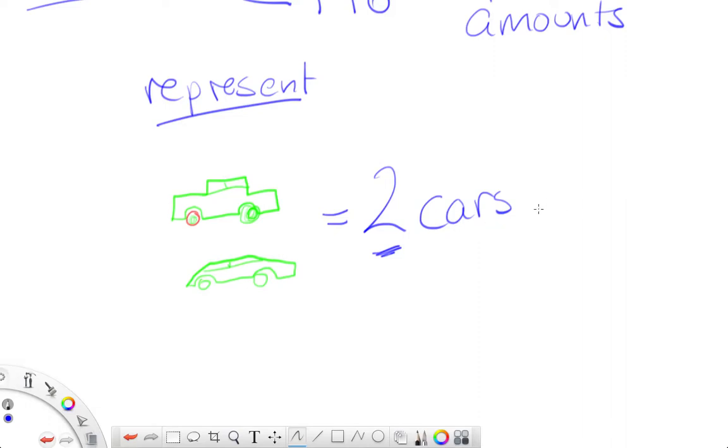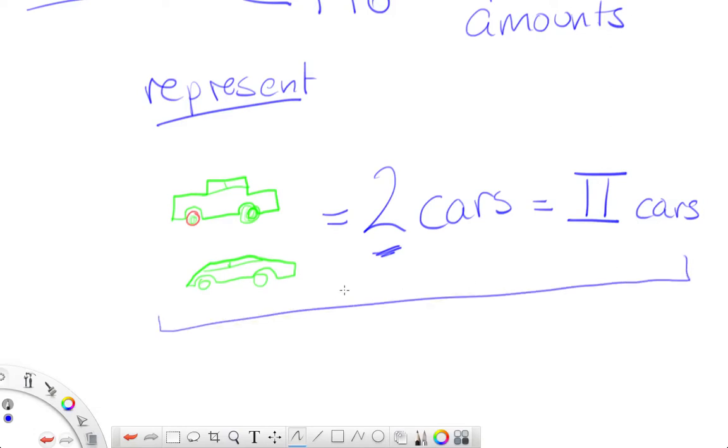I could represent it in another way. The Romans didn't have cars, but I could use a Roman numeral to represent 2 cars. So we've got 3 different ways of representing the same thing. I could represent a value by drawing the number of things. I could write it out using numbers. I could write it out using Roman numerals.